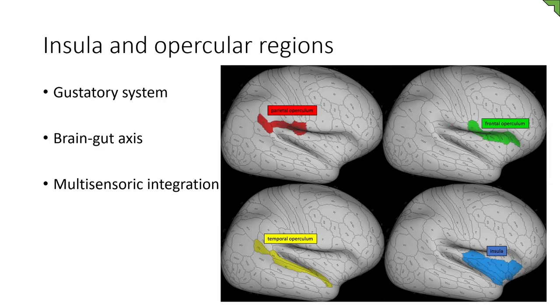So from the bowel, we also know that the colon has its own nervous system and also a lot of receptors, and gets a lot of information, and this information also gets transmitted through the vagal nerve to the brain, and then it's integrated in the insula together with the gustatory sensory information, and therefore it's also one part of multisensory integration, where all these things come together, and therefore it's also very important in latest research on understanding, for example, obesity and so on, because this is where these processes also take place.